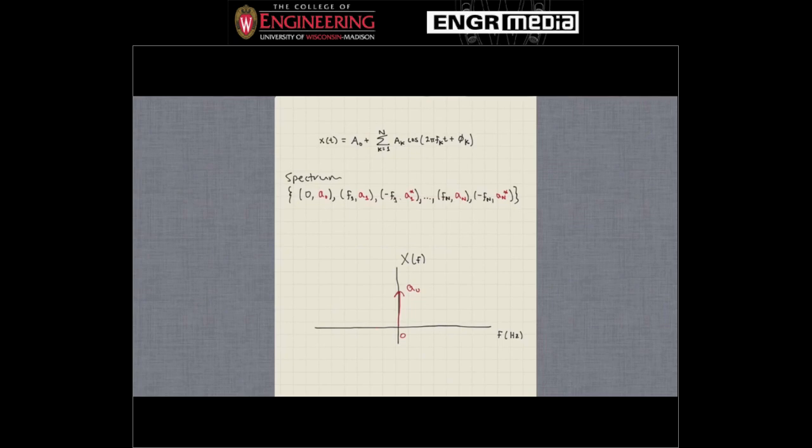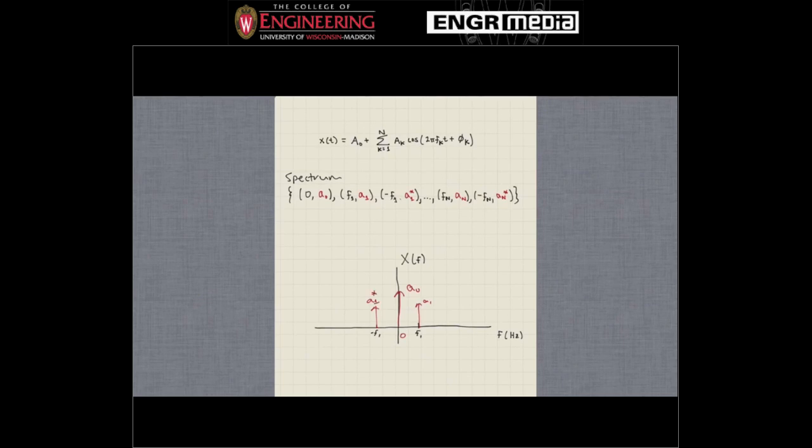So we're writing these as sums of complex exponentials. All right, so maybe F1 is here. So then minus F1 would be about here. And now I would just maybe have some amplitude this high. And this is going to be A1, right? And this is going to be A1 conjugate.